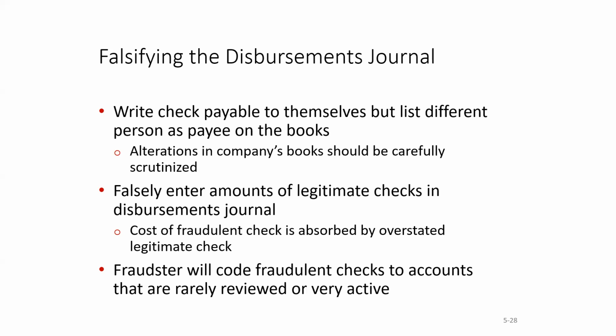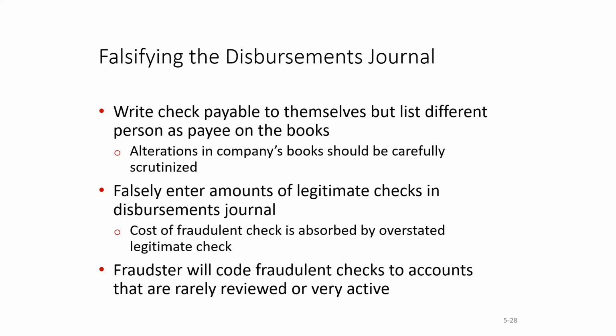Even though the check is written out to Janet Jones, in the disbursements journal we say that we are paying Amazon or someone else, so that it's not scrutinized when we look through the disbursements journal and see a bunch of payments to one of our employees.